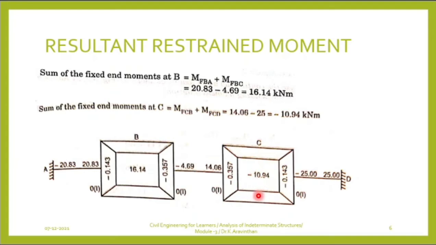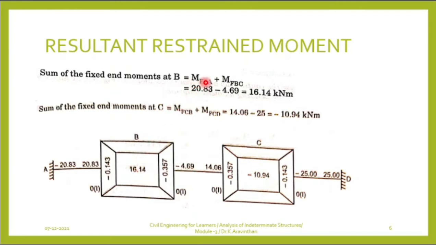How this is arrived in the sense, see, you have 3 spans, that is span AB, BC and CD. So what you have to do is you have to remove this joint and add this box, and what you have to write is the sum of restrained resultant moment. How it is arrived? You got the moment.